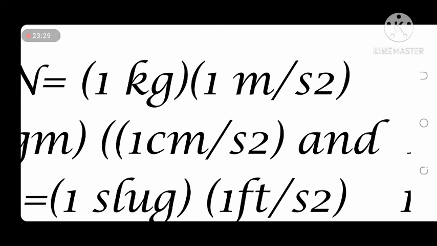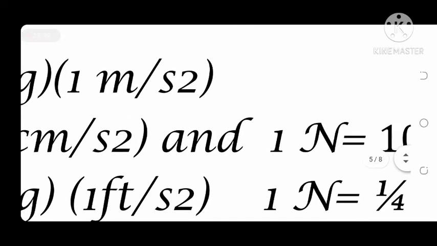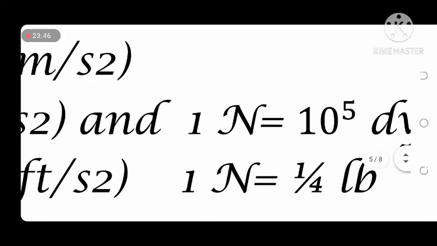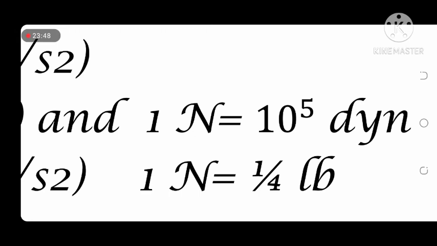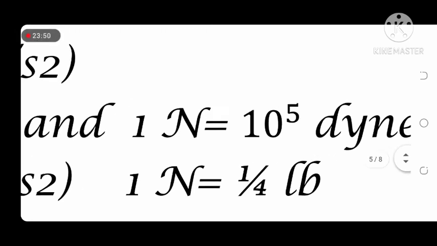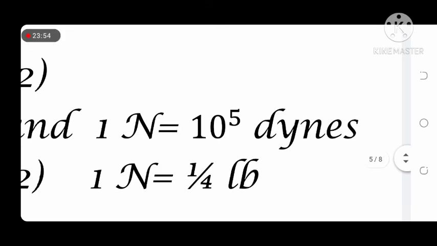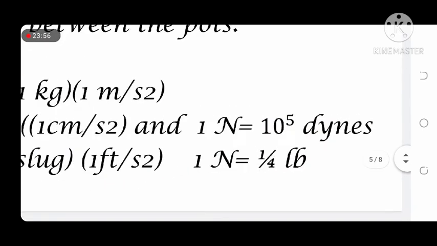Second is the same in both. If we combine 10 raised to power 3 and 2, it becomes 10 raised to power 5. And the remaining unit will become gram centimeter per second squared, and 1 gram centimeter per second squared is a dyne. So 1 Newton is equal to 10 raised to power 5 dynes.